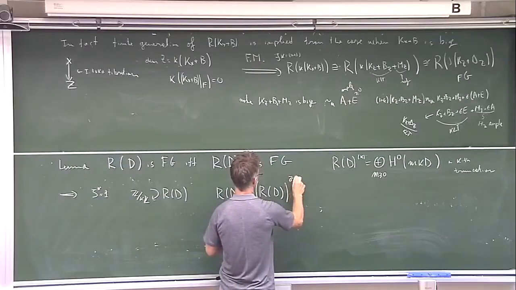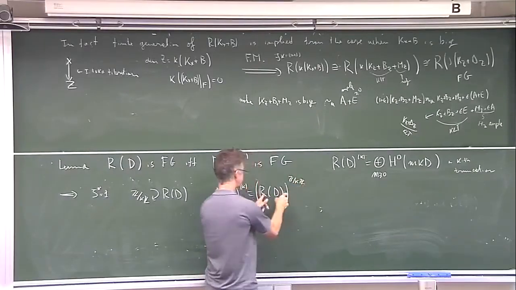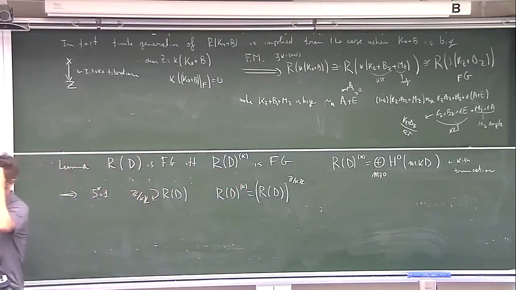I don't know if this is the right way to write it. The invariants of this ring with respect to that action, right? And so it's a theorem of Noether that if you start with a finitely generated ring and you have a finite abelian group, the ring of invariants is finitely generated.